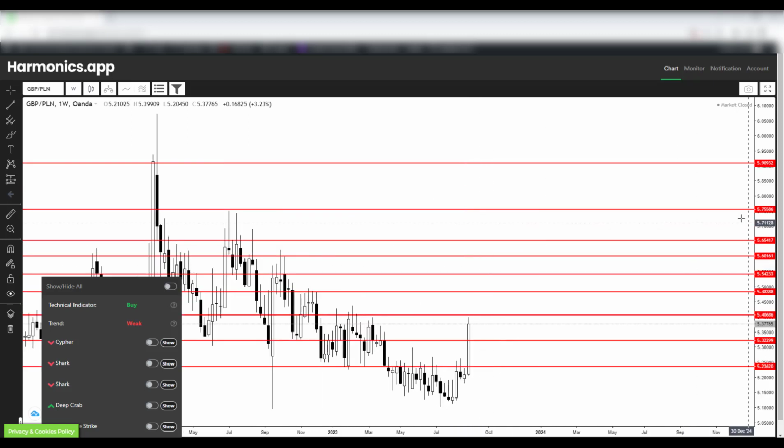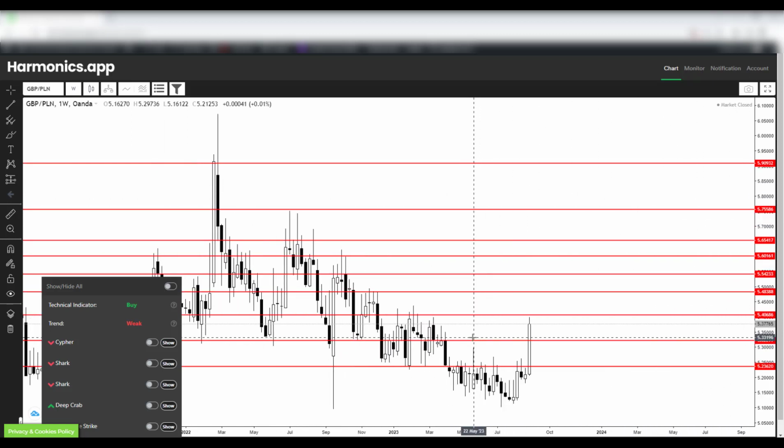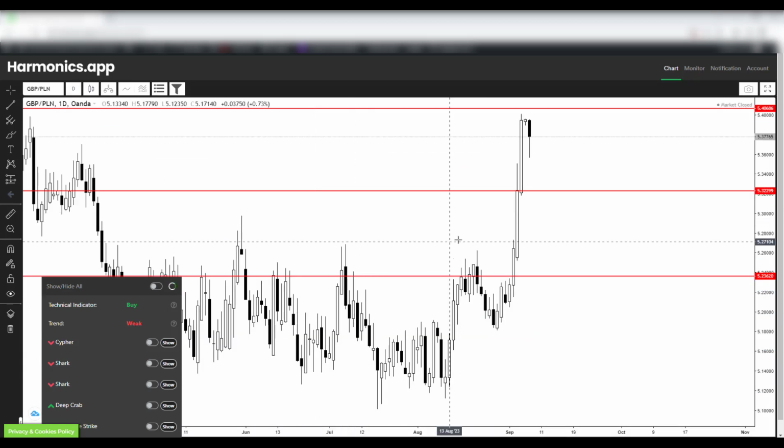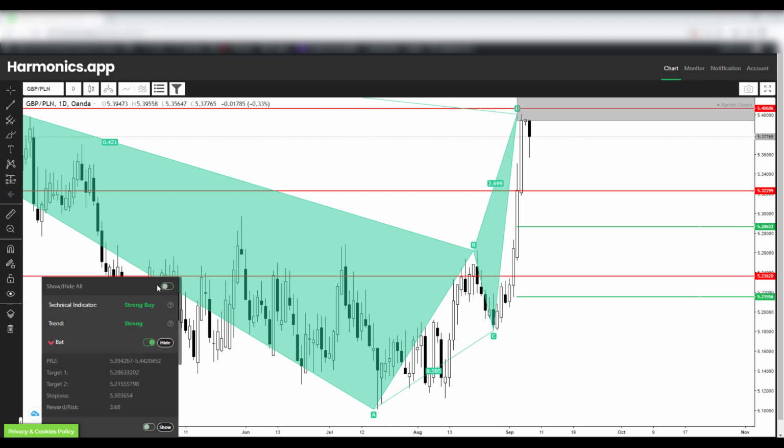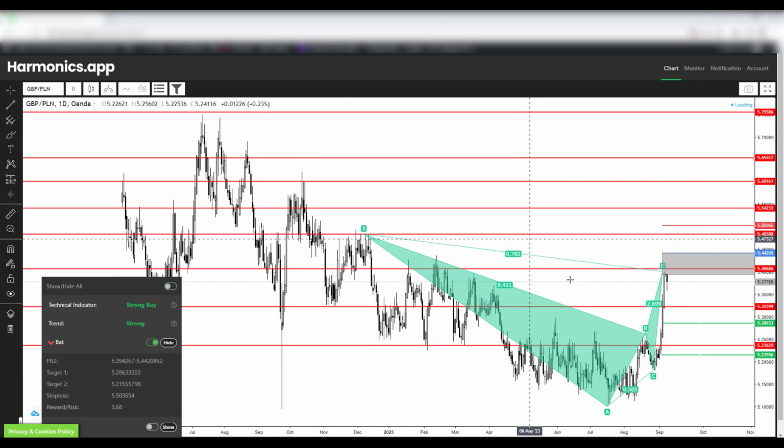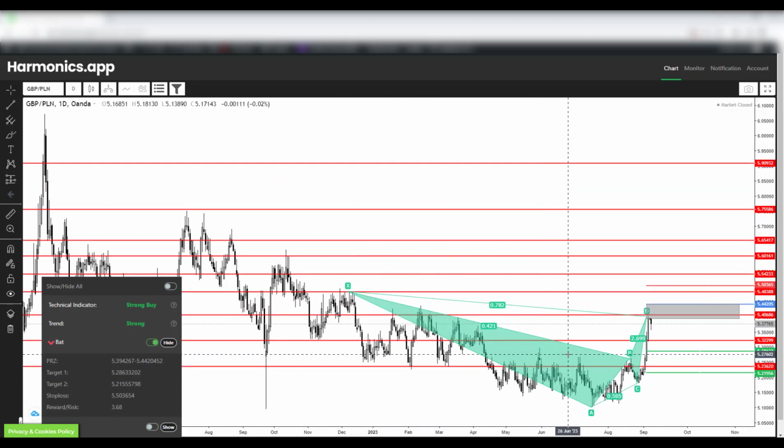So pay attention to these signals I have mentioned: the bat pattern is mostly valid when there is a trend. In this case we are in the downtrend, and that is mostly visible on the daily time frame. You can see it here, the bat pattern is in the downtrend, and when that downtrend or uptrend has been broken, a bat pattern is formed with a potential reversal zone with the profit targets.